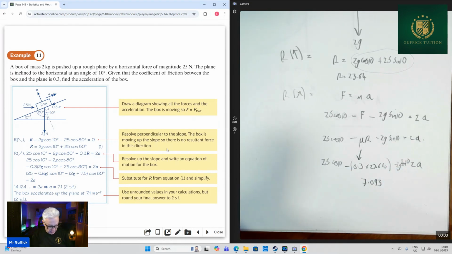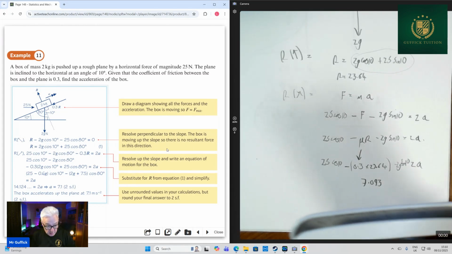So then we're going to have 25 times cos of 10 minus our 7.093 minus our 2 times 9.8 times sine of 10. Close bracket.